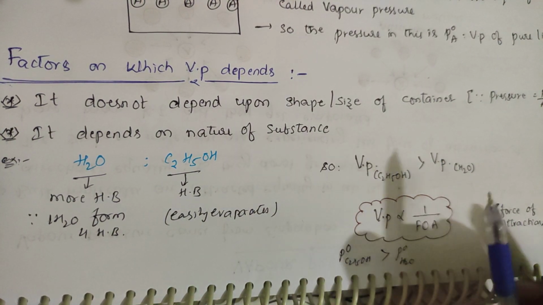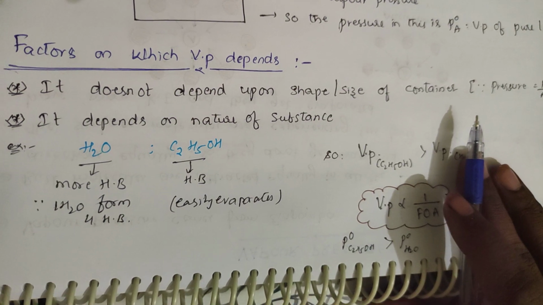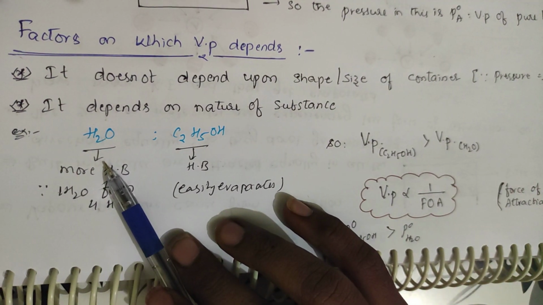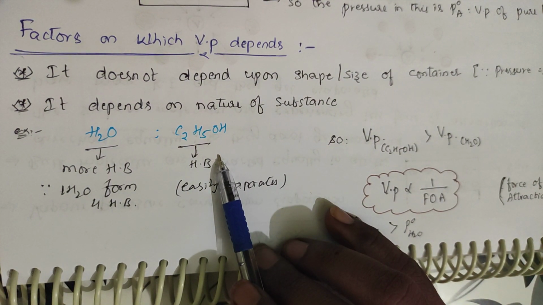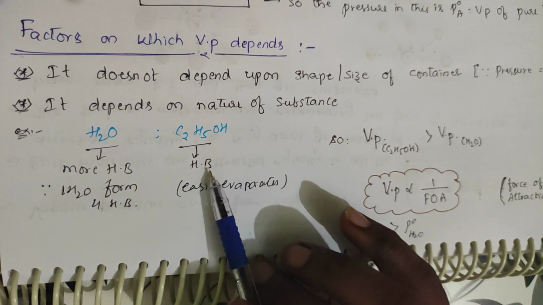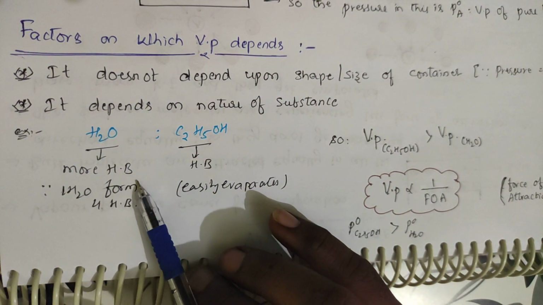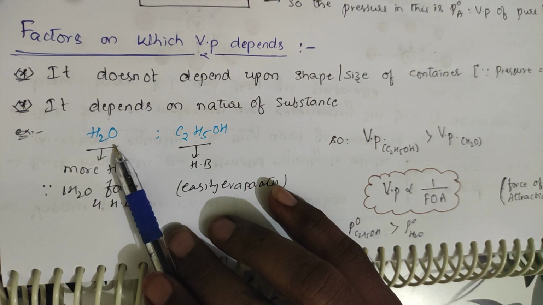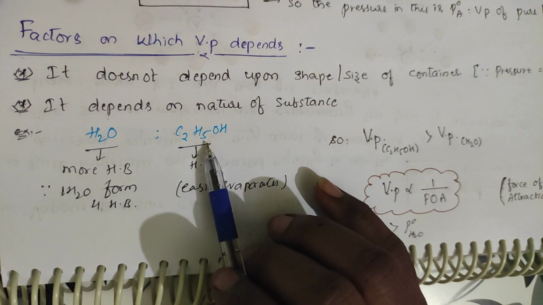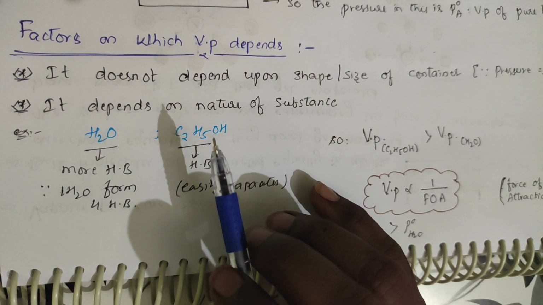It depends upon the nature of the substance. How does it depend? Suppose I take a water molecule as well as ethyl alcohol. In ethyl alcohol you have hydrogen bonding, and in water also. One water molecule forms 4 hydrogen bonds, whereas ethyl alcohol forms only 1 or 2.